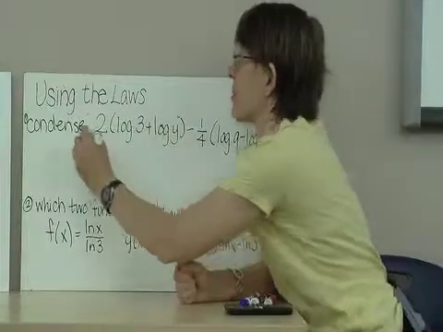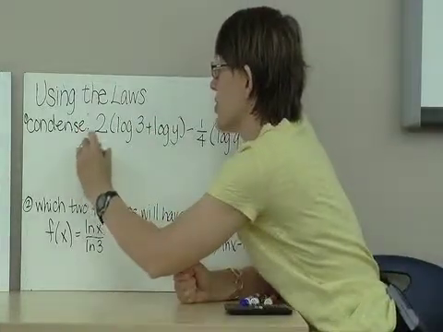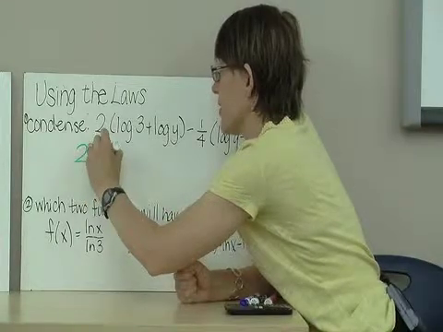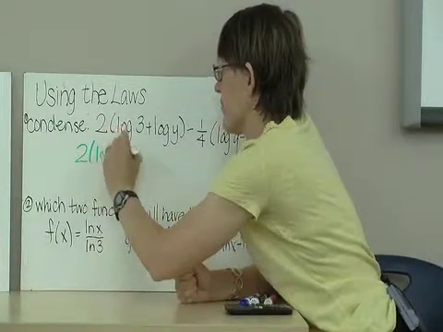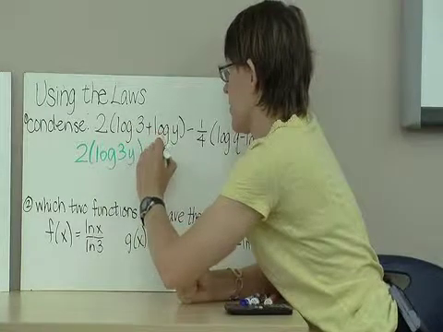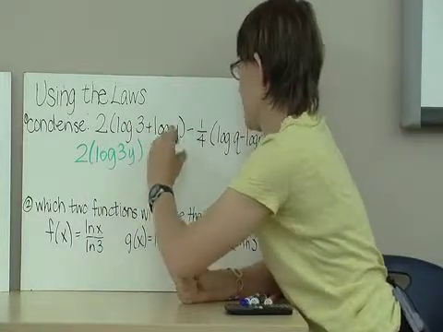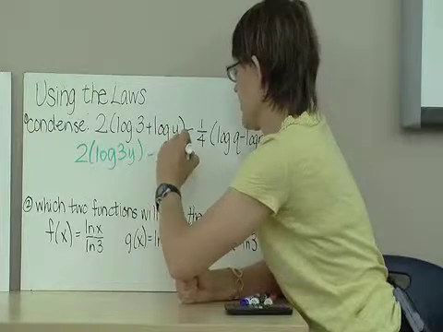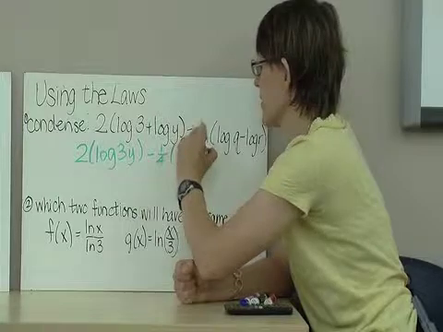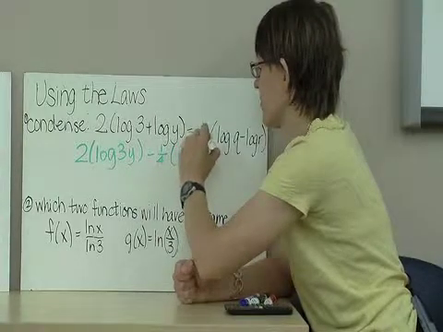So we'll simplify within the parentheses first to get 2 times log 3y minus 1/4 log, this is subtraction, so quotient property, q divided by r.